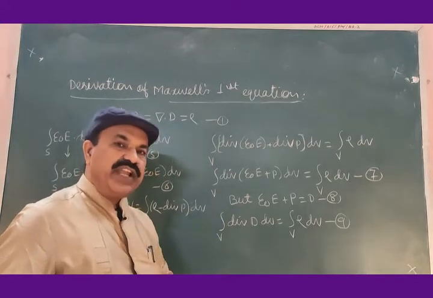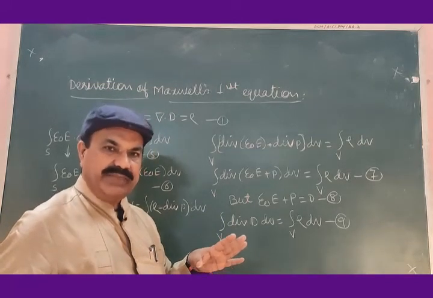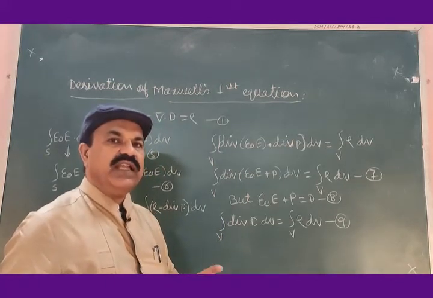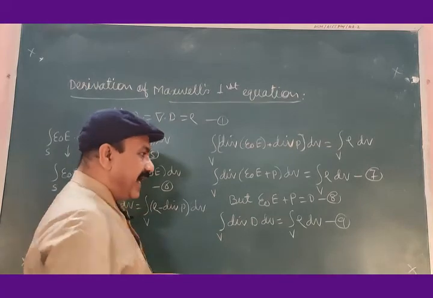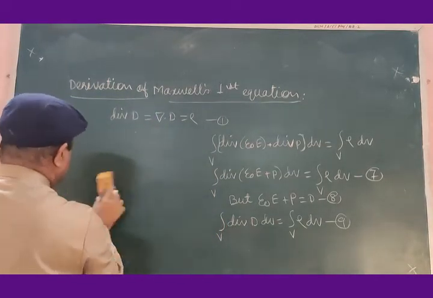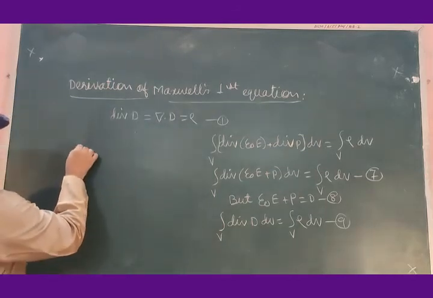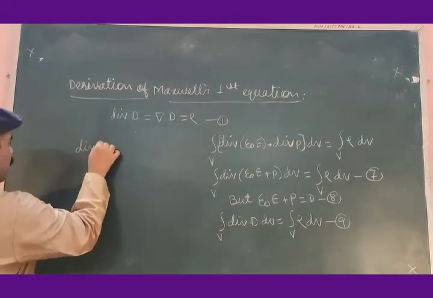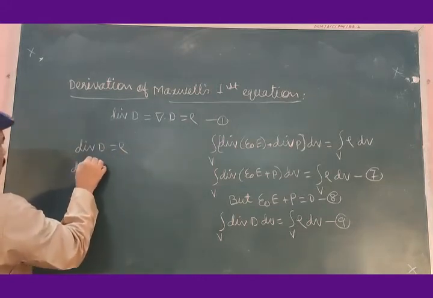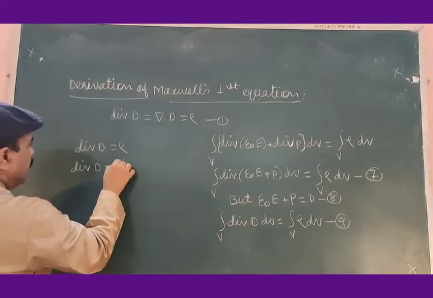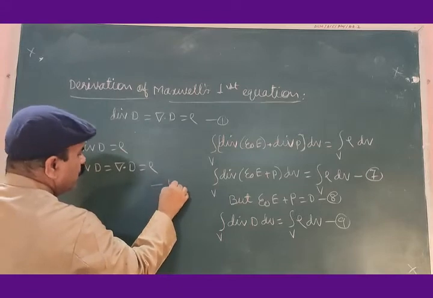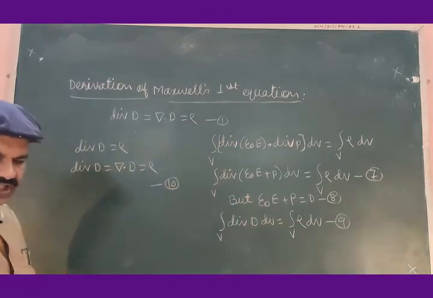Equation 9 may further be written as divergence of D equal to rho, that is, del dot D equal to rho, equation number 10.